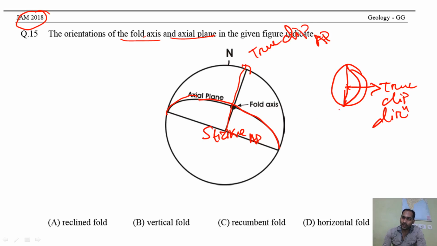When we plot a plane in the stereonet, this is the plane, this is its strike, and this is the true dip direction.